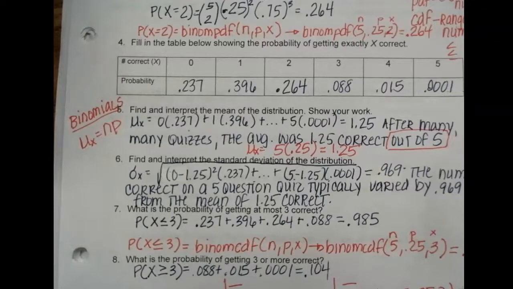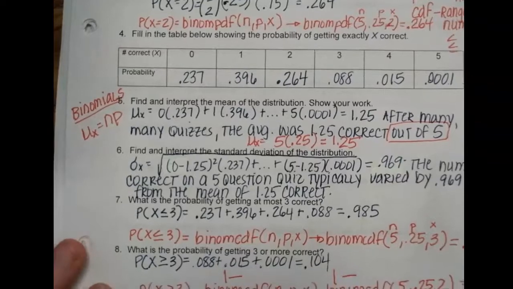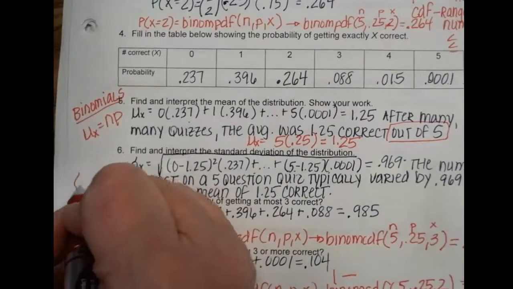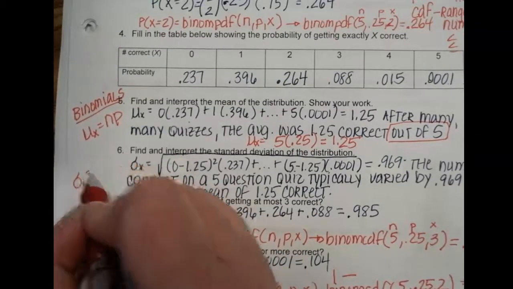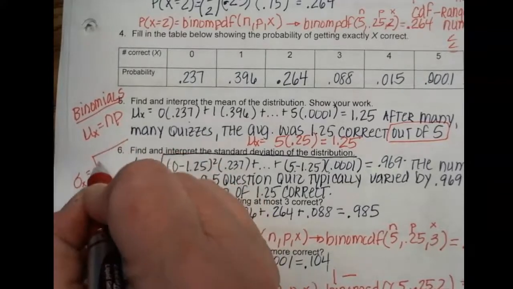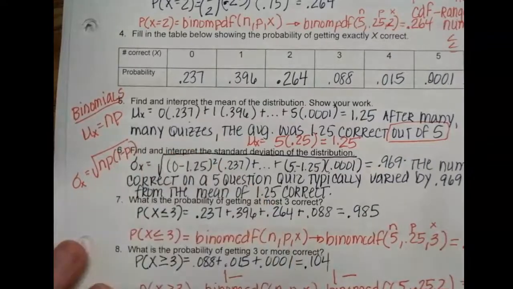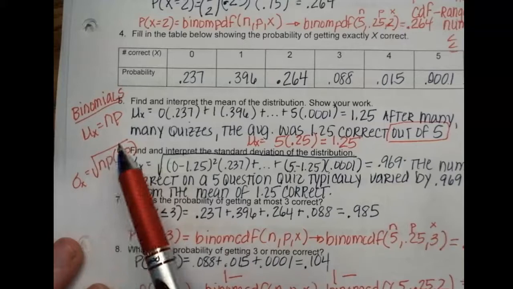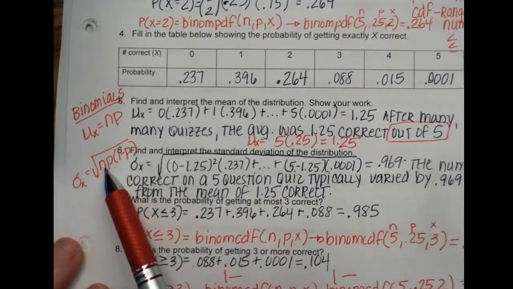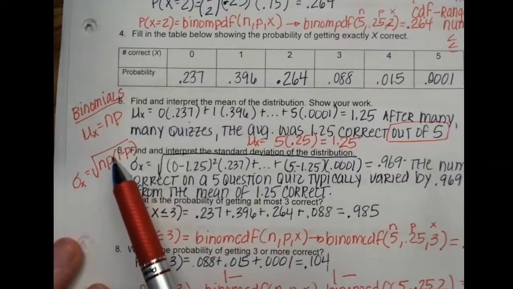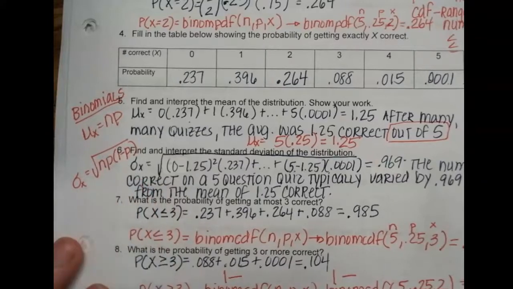expected value also works. Okay, and also for our standard deviation, for a binomial setting, can be the square root of n times p times 1 minus p. So let's think about what that means. I want the square root of the number of trials times the probability of success times the probability of failure.